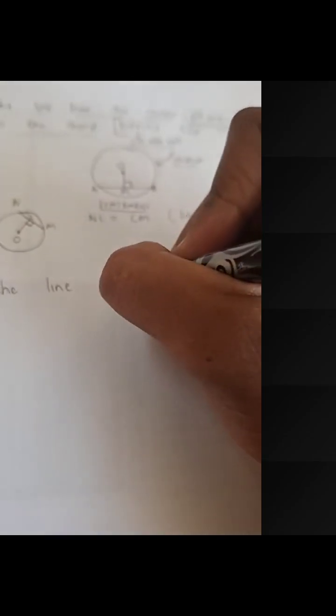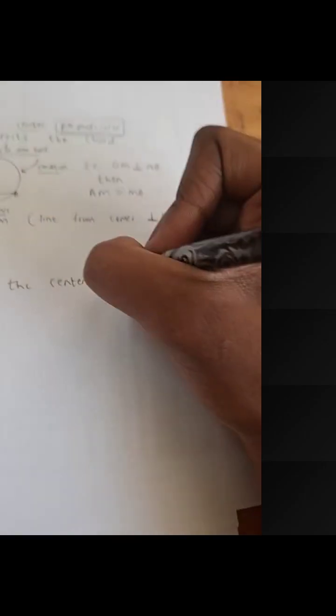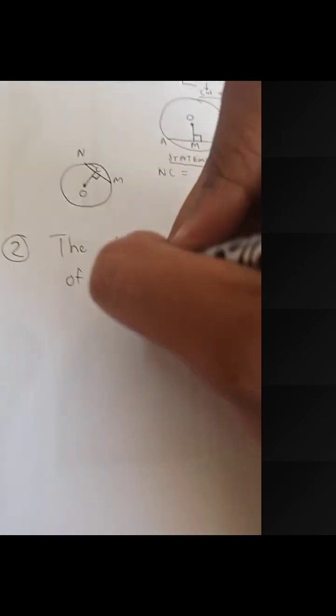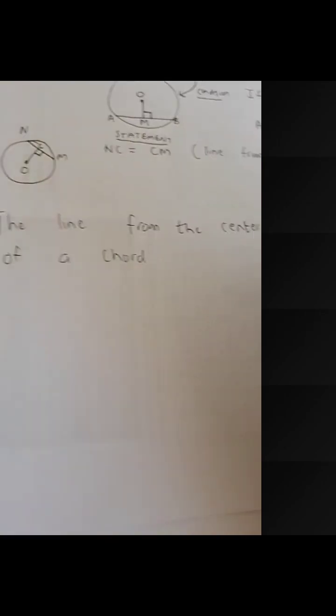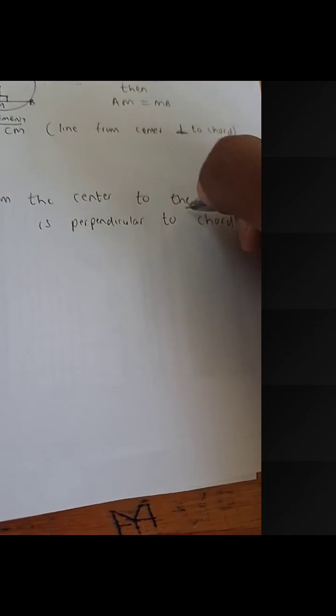Okay, right. I'm going to do another theorem that has to do with a line from the center. The next one says the line from the center to the midpoint of a chord is perpendicular to the chord.